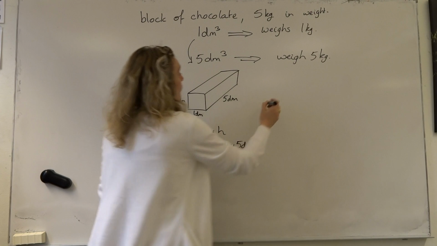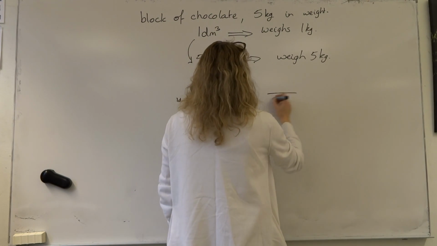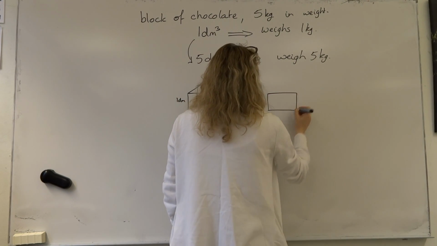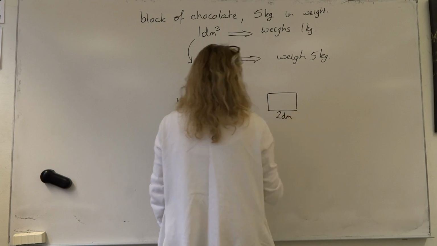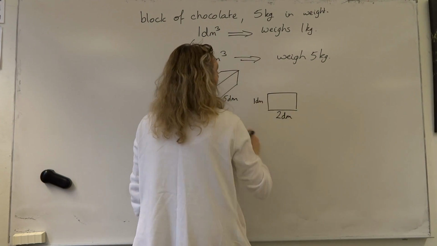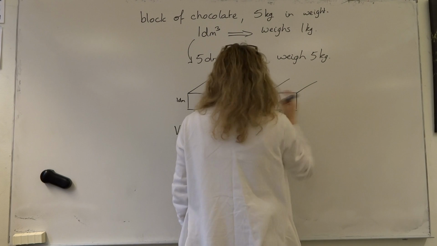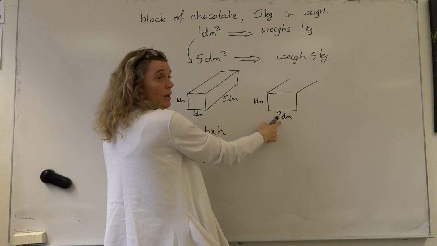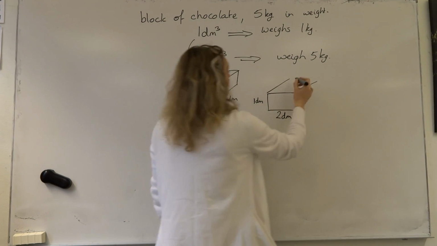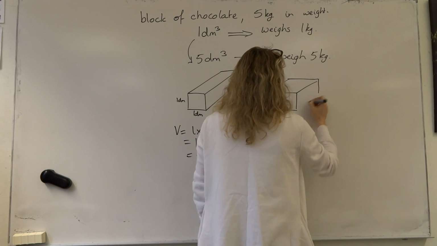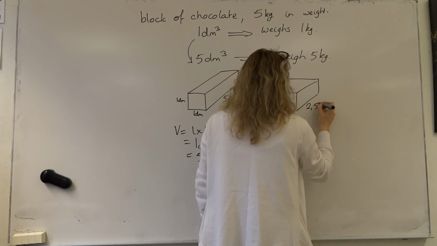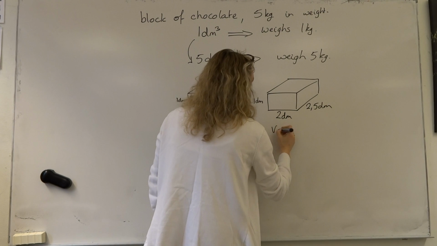If we then increase the length by 2, so we now have a block that's 2 decimeters long, still 1 decimeter high, but now we actually halve this one. We doubled this one, so we have to halve this one, so we still get the same volume, with 2.5 decimeters. And did a quick check here.